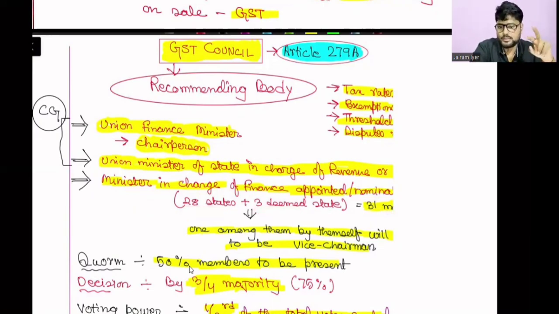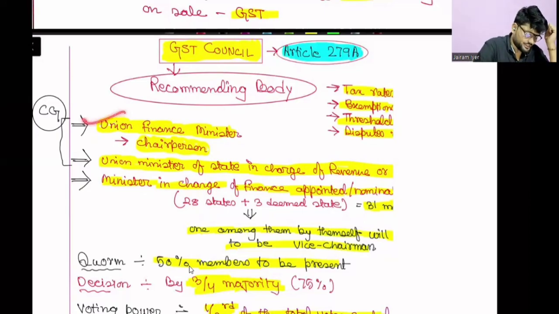And who are the Centre's body? Because we know that both the Central Government and State Governments go hand in hand. Not only the Central Government can decide on things, nor can the state government itself decide. So a council has been formed with some central persons and some state persons.